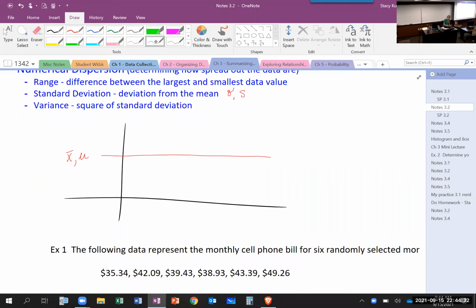So let's just say that I have, and I'm just going to erase that for just a second. Let's say that I have all of these dots, and each of those dots represents a single data point. So if I was taking height, the height of each person in here, then those points on my graph represent each one of y'all's heights.